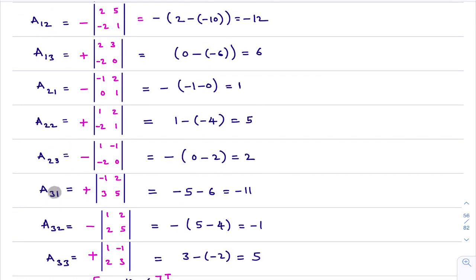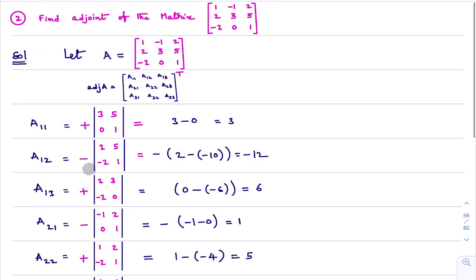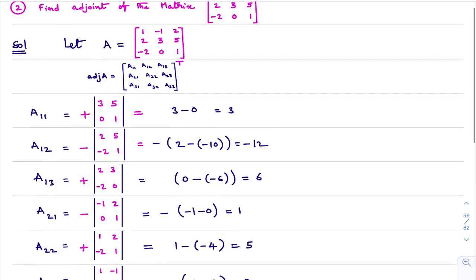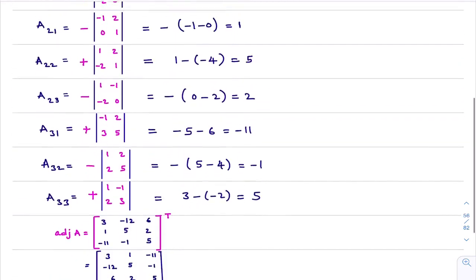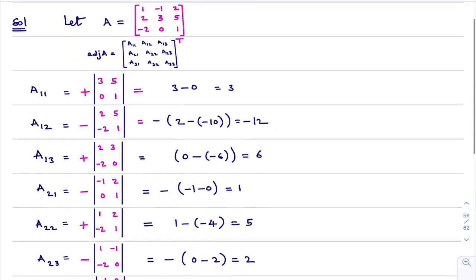Like that, when we add these two numbers, if we get an odd number, we write a minus sign. If we get an even number, we write a plus sign. Or else, simply write these in order with alternate plus and minus symbols. Observe these cofactor elements. First you write like that.